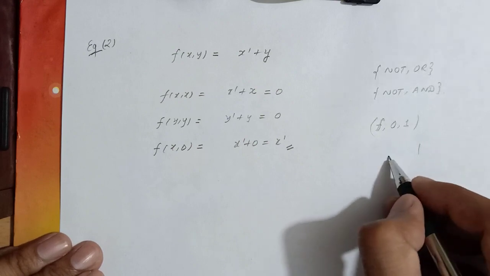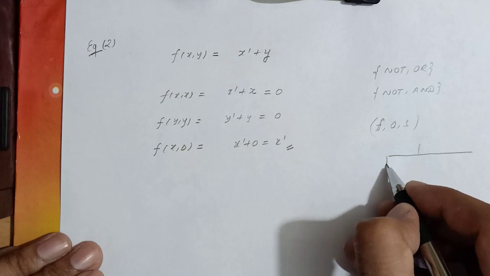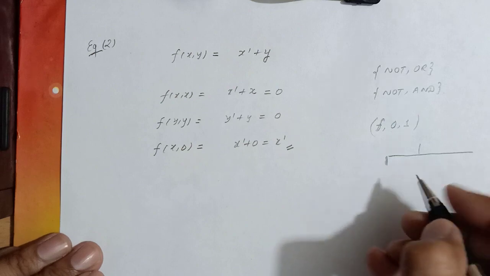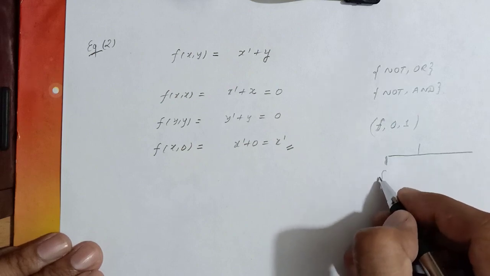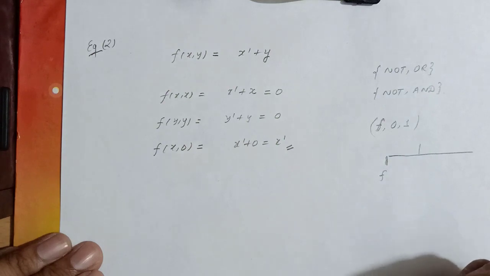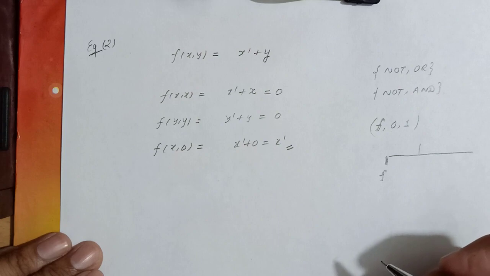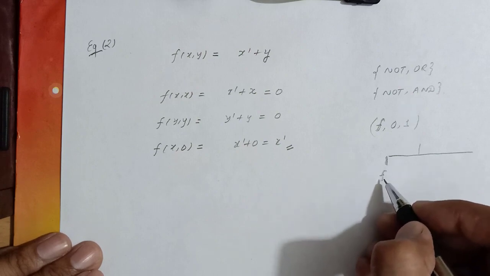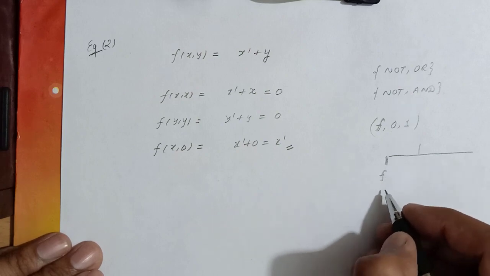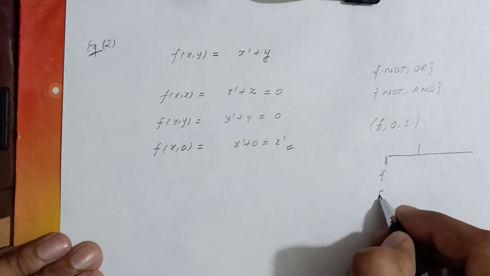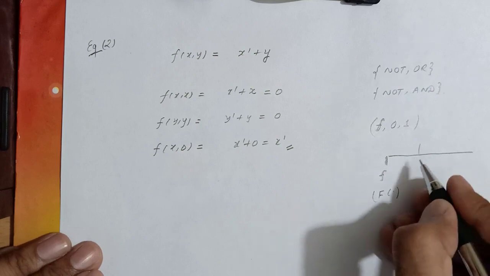Okay, so if we are using only the operation, and we are somehow able to show that this operation is functionally complete, so we will say that this is functionally complete, fc.